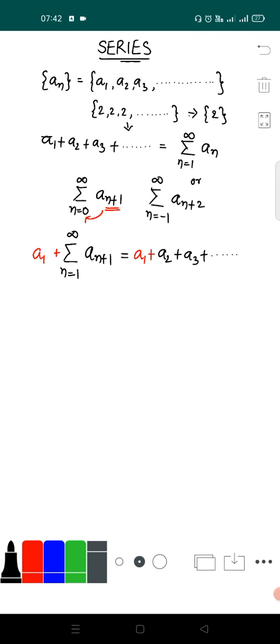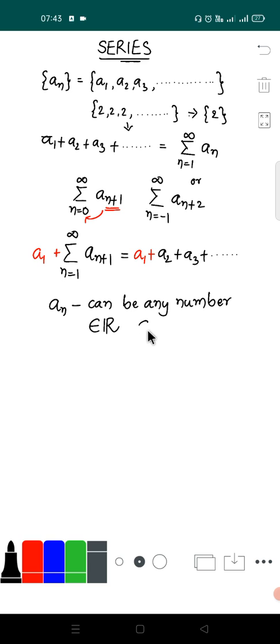Here this ai or an can be any number. It can be a real number, that is rational, irrational, integers, it can be any of them.